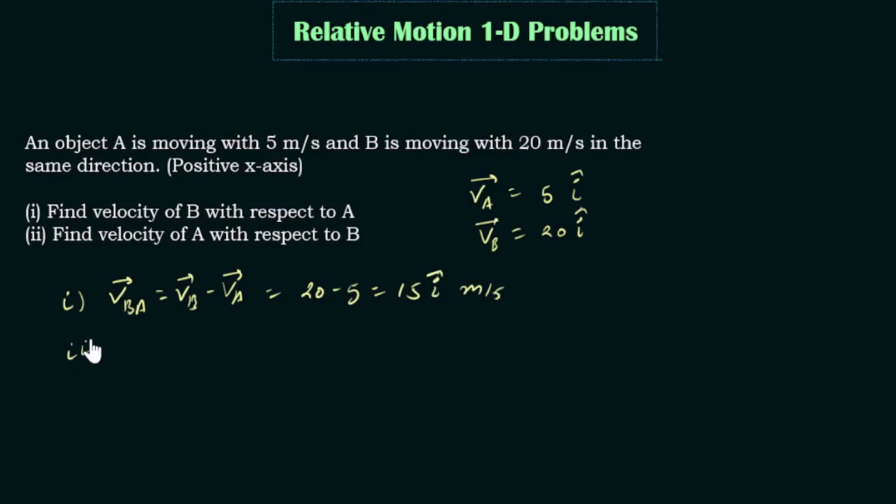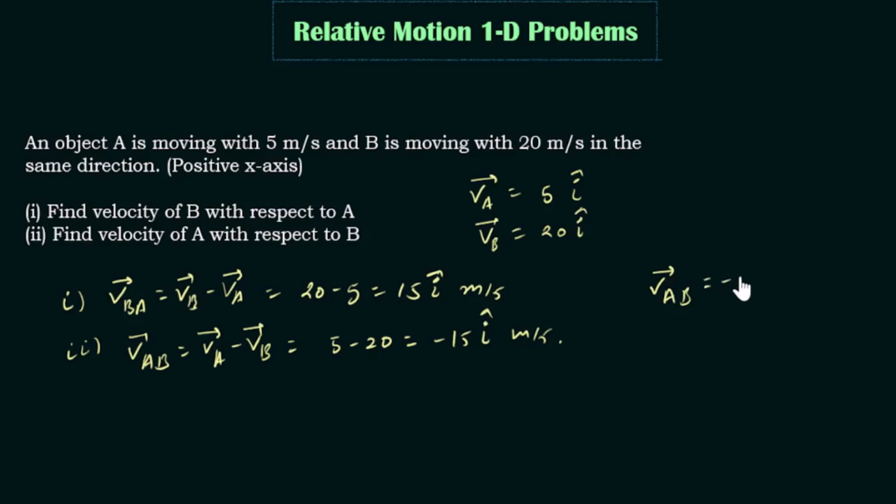The second one is VAB, which is VA minus VB, so 5 minus 20, which is minus 15 i cap meter per second. Always remember that VAB will be the negative of VBA, because the direction will be inverted.